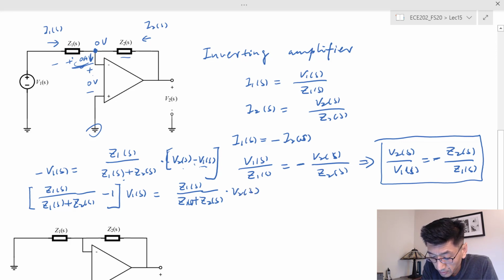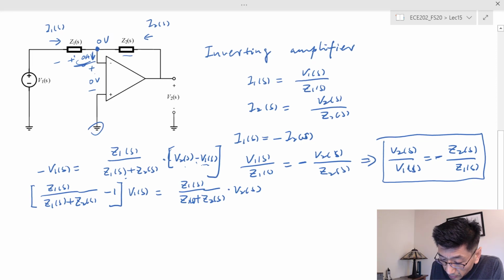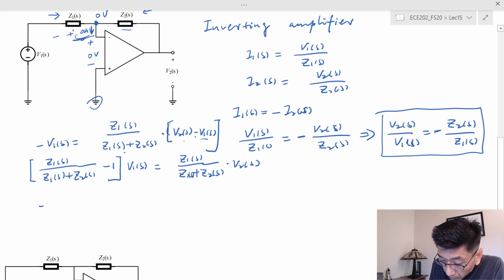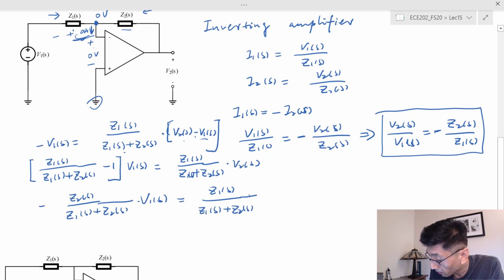So in this case, let me move this slightly lower. On the left side, I got negative Z sub 2s over Z sub 1s plus Z sub 2s, right, times V sub 1s. That is equal to Z sub 1s over Z sub 1s plus Z sub 2s times V sub 2s.